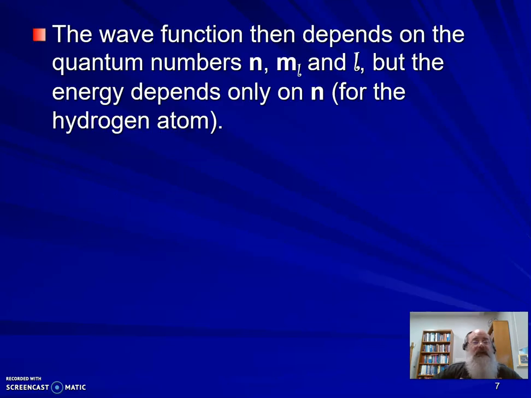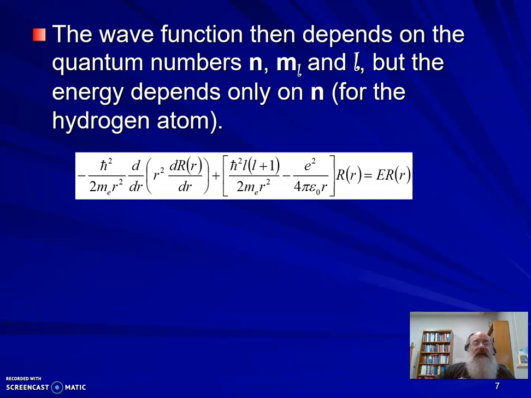So the wave function then depends on the quantum numbers n, m sub l, and l. The m sub l and l portions come in from the angular portion, but the energy only depends on n with the hydrogen atom.